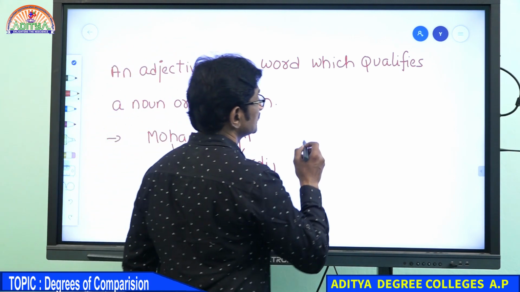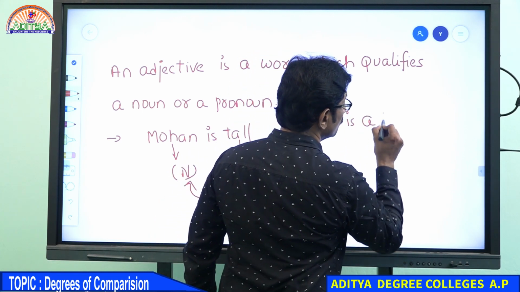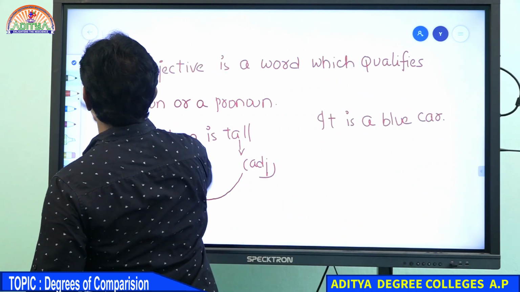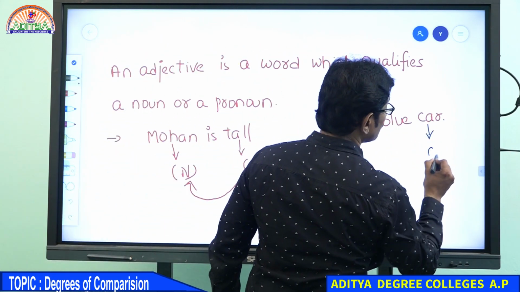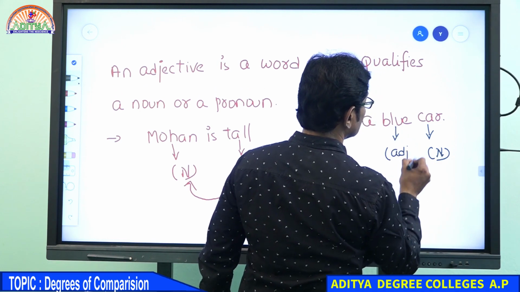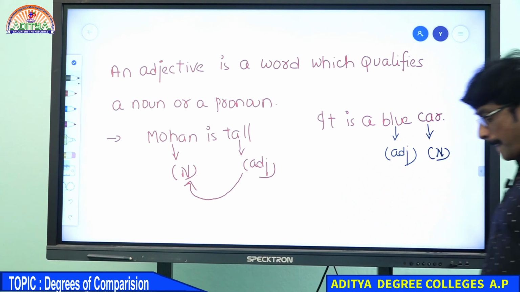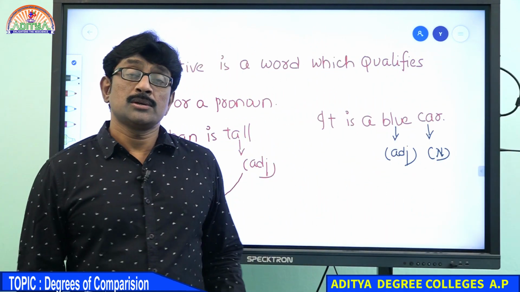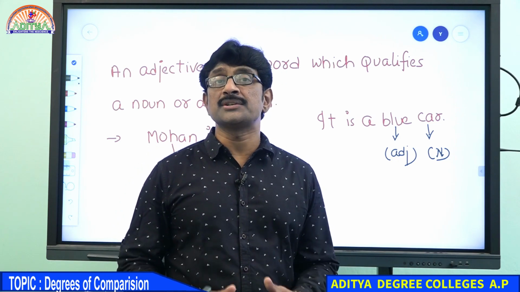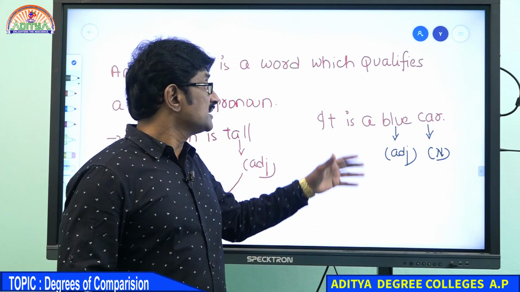Next, it is a blue car if you say. Car is a noun and blue is an adjective. So a blue car we said.